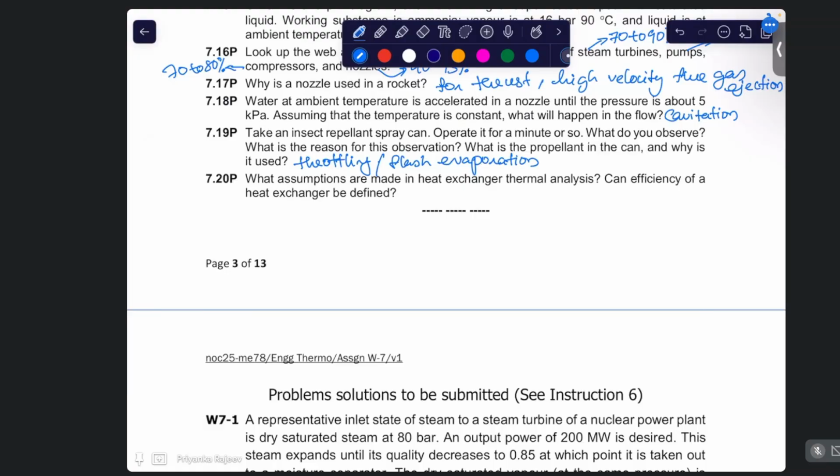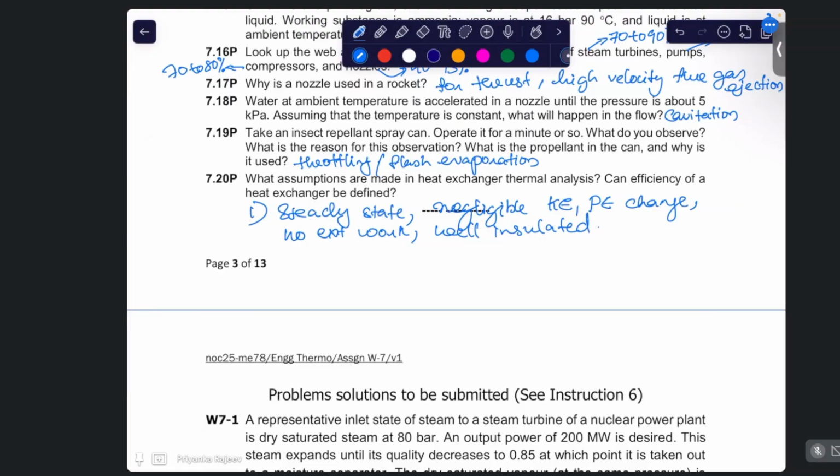So typical heat exchanger assumptions are steady state, negligible KE and PE change, no external work, and well insulated from other devices. Inside the heat exchanger there will be flow, I mean cross flow and so on.